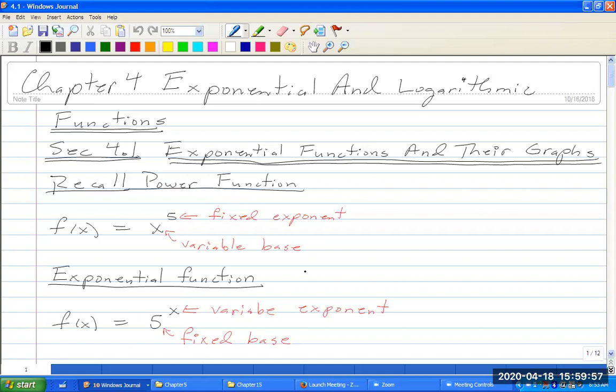Well, an exponential function will be very similar to this, but rather than having a fixed exponent, we'll have a variable exponent. So f of x equaling 5 to the x is an example of an exponential function, because my exponent is a variable and my base is fixed.